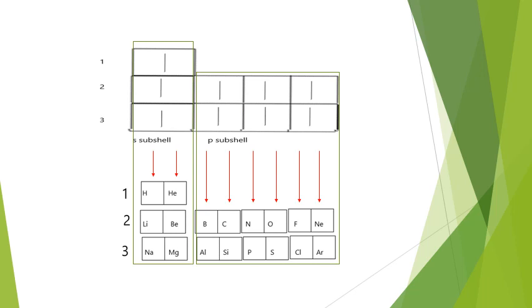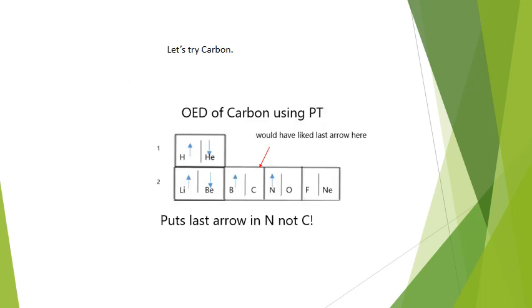All right, so let's see if it works with another atom. So let's try carbon. Carbon has 6 electrons, so it goes up, down, and then up. Okay, back to what I have here for carbon.